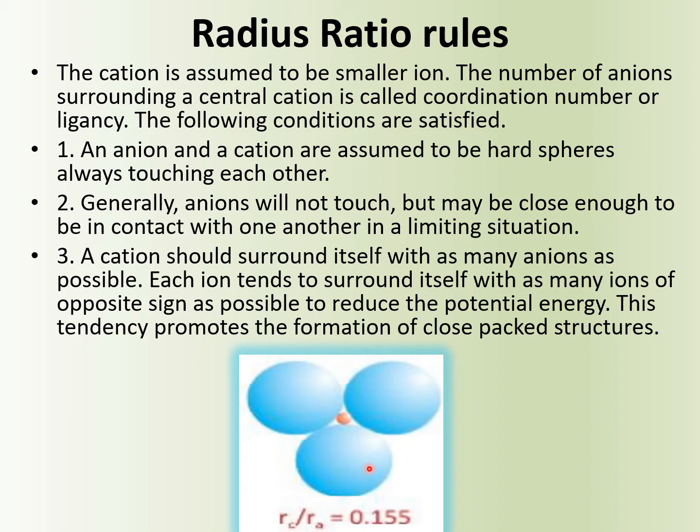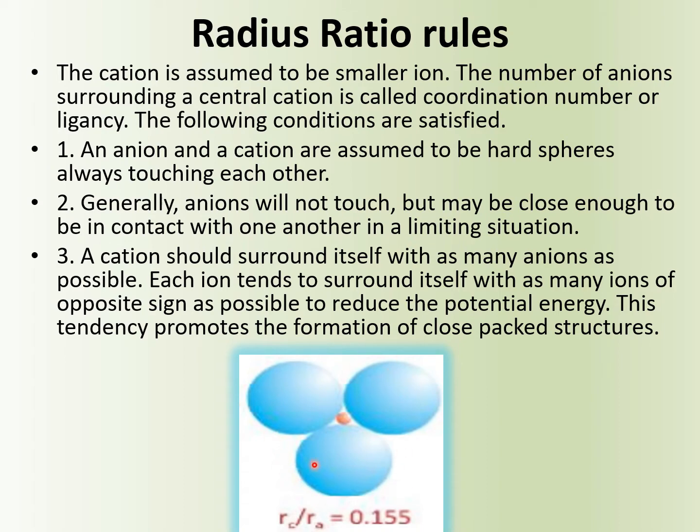Each ion tends to be surrounded by opposite ions: the positive ion is surrounded by negative ions, and the negative ion by positive ions. Why is it so? To reduce the potential energy. This tendency promotes the close packing structure.